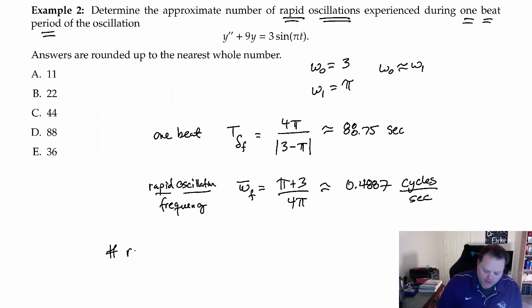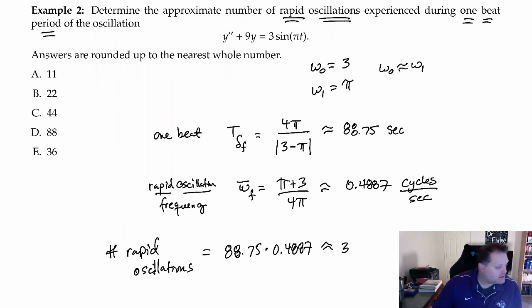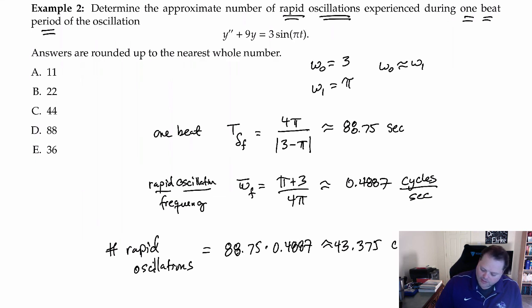So the number of rapid oscillations is 88.75 times 0.4887, which turns out to be 43.375 oscillations or cycles. So we would expect this oscillator to oscillate back and forth across equilibrium 44 times in one beat. So it's a very rapid oscillation.